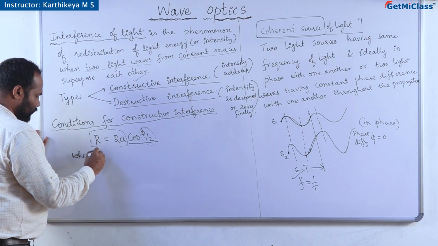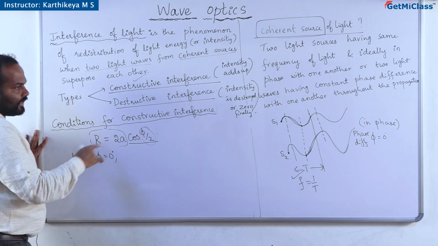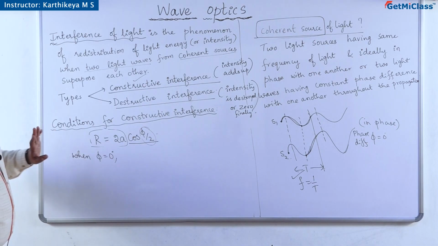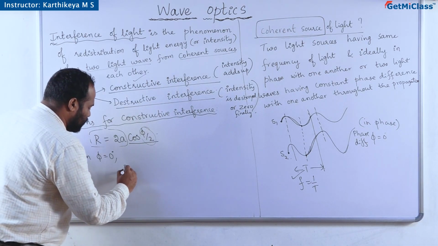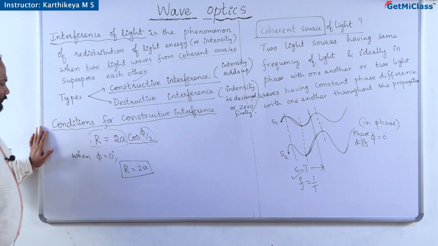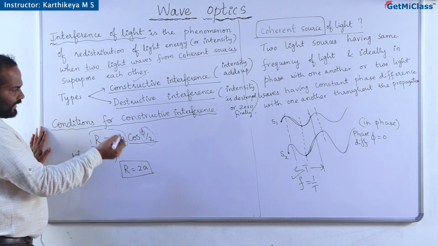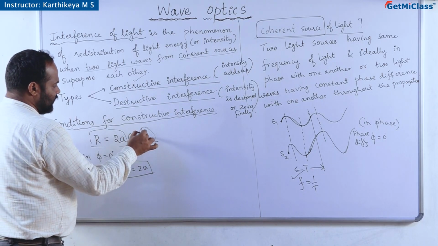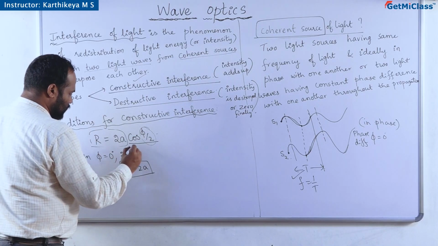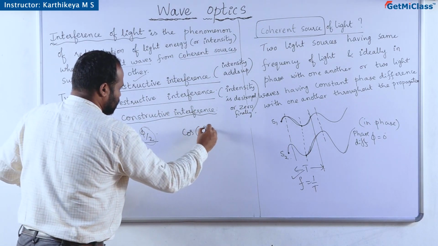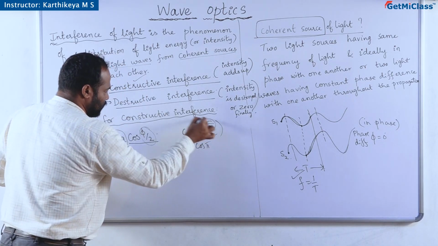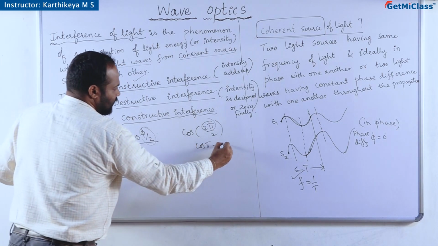When phi is equal to 0, ideally no phase difference between the two waves, that is they are in phase, R is equal to 2a, because cos 0 is 1. This can take place again when phi is 2 pi, then cos(2 pi/2), that is cos pi, becomes minus 1.